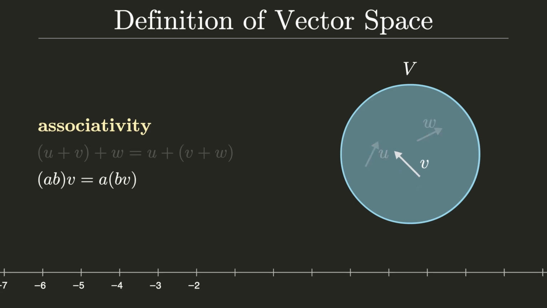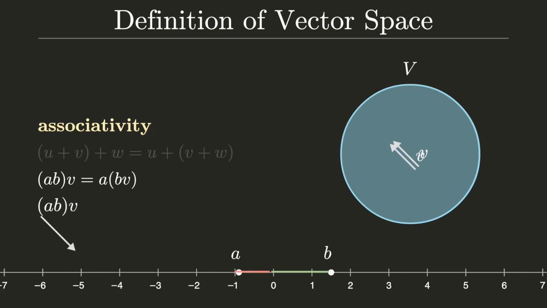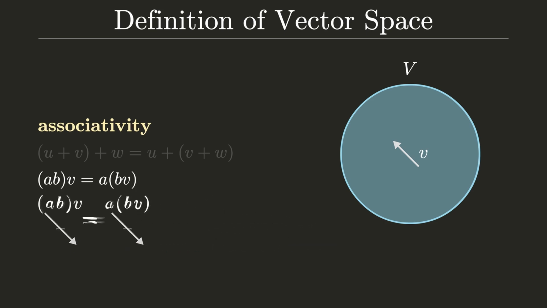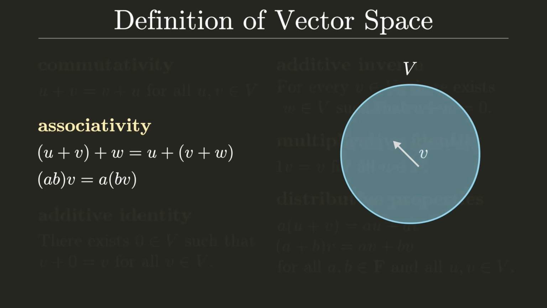With multiplication, suppose a and b are random scalars. Then ab is also a scalar. Associativity requires that the product of ab and v must equal v multiplied by b and then multiplied by a. So that's associativity for multiplication.